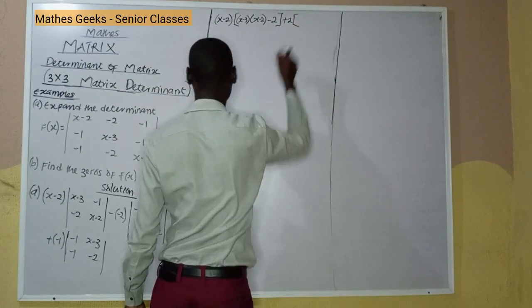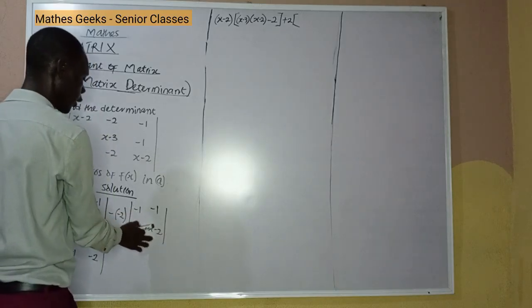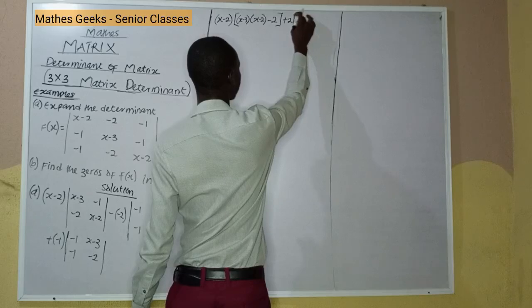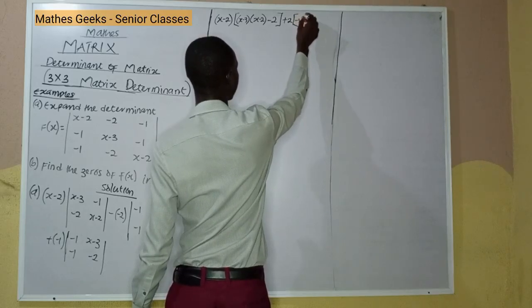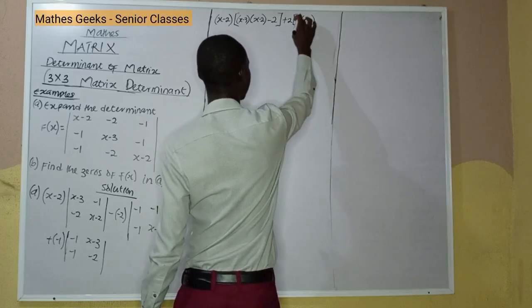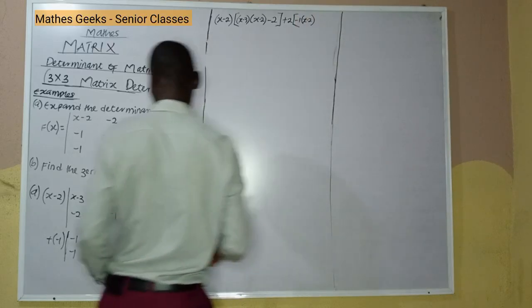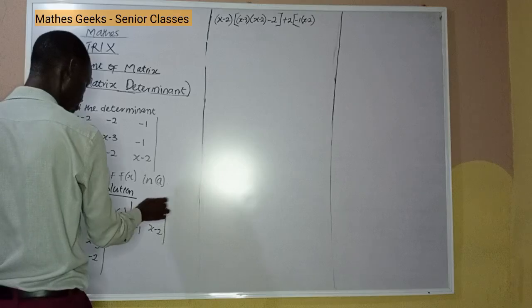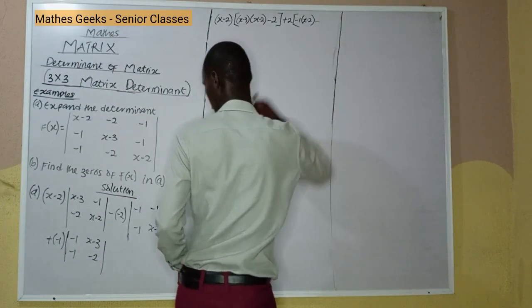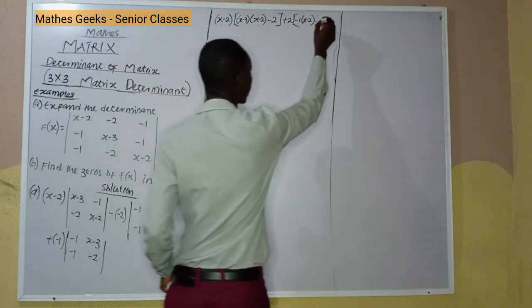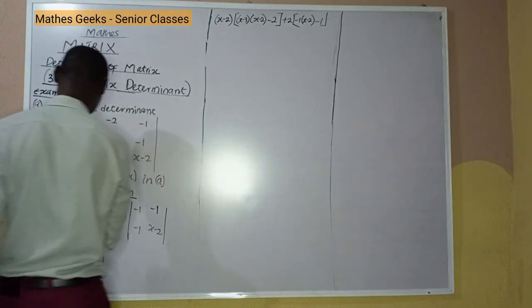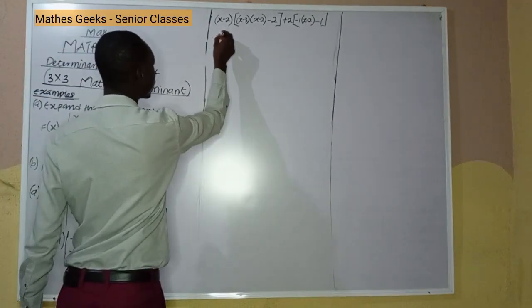Then minus 1 times x minus 2, and minus 1 times minus 1 will give us plus 1. Then plus times minus is minus 1.